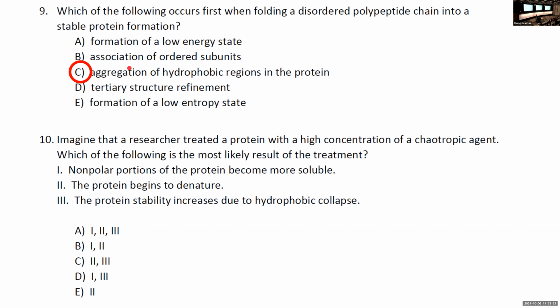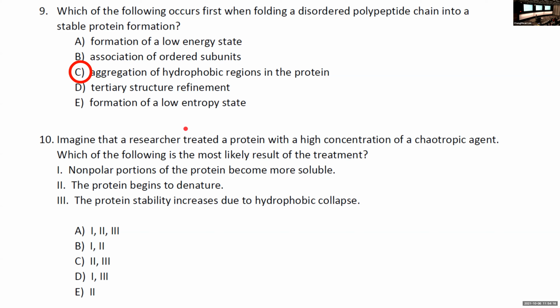But after it forms the hydrophobic cores on the domains, which involves the formation of low energy and low entropy, at that stage it actually starts with pretty high entropy. If you remember that landscape for the energy, right? So the first step is again the aggregation of hydrophobic regions.